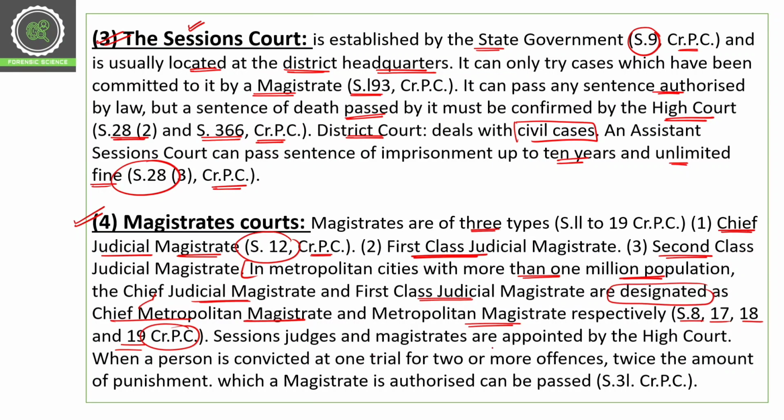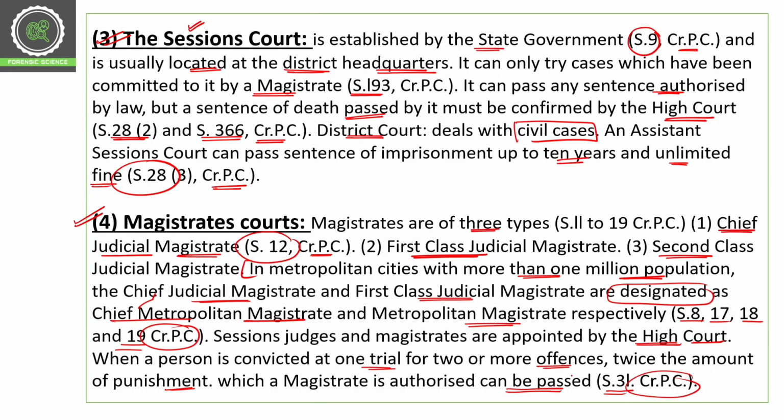Session judges and magistrates are appointed by the High Court. When a person is convicted at one trial for two or more offences, twice the amount of punishment which a magistrate is authorized to pass can be passed, under section 31 of CrPC.